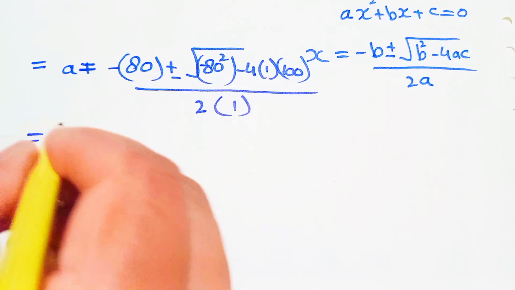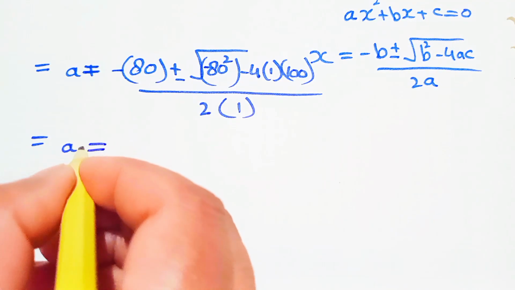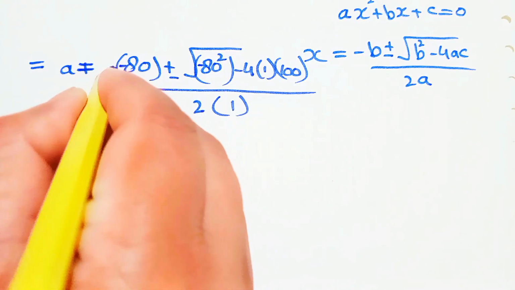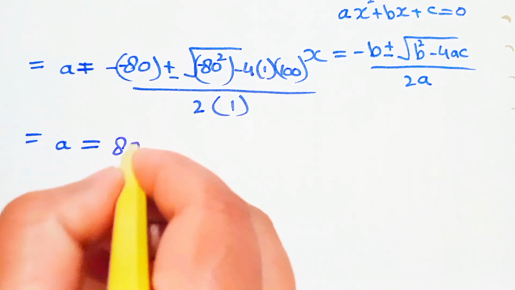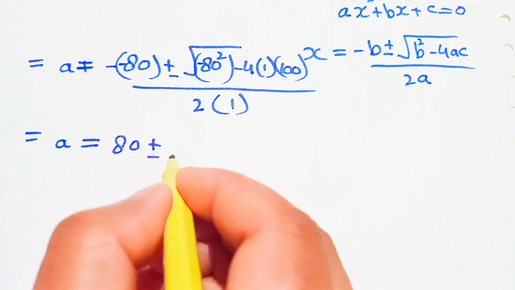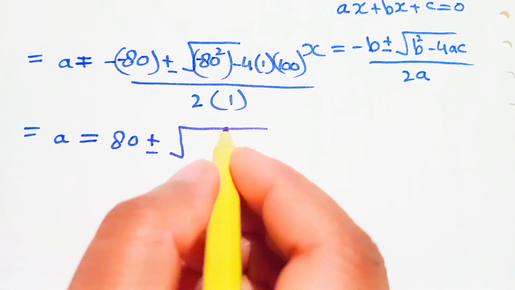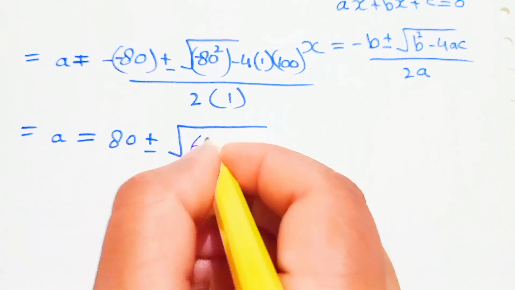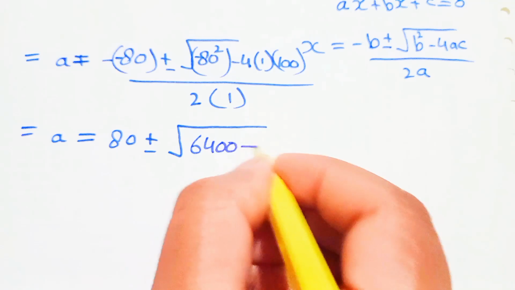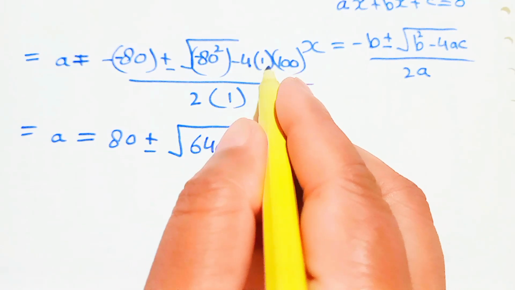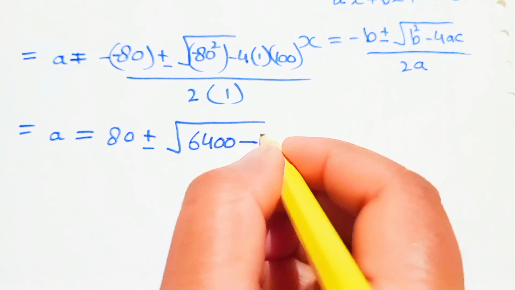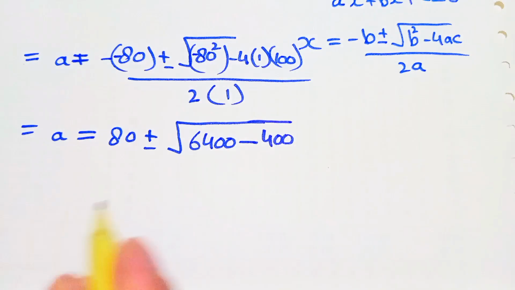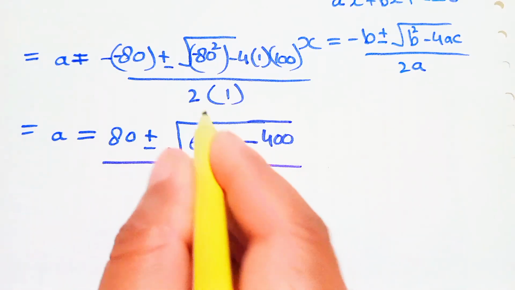In the next step, minus minus cancels out, so we have 80 plus or minus square root of 80 squared, which is 6400, minus 4 times 100, which is 400, then over 2 ones are 2.